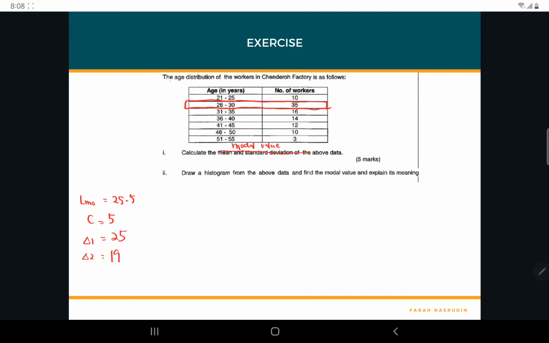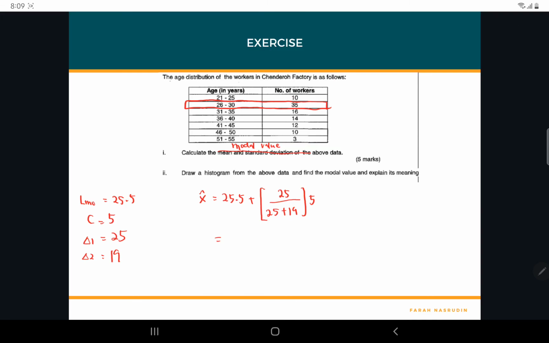Okay, so insert all of these values into the formula. So our mode is 25.5 plus difference 1 divided by difference 1 plus difference 2, multiplied with C. So just use your calculator.